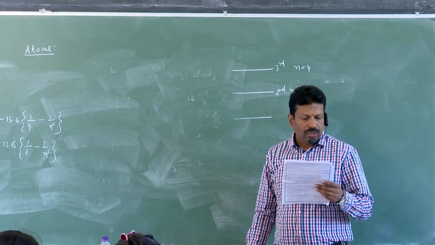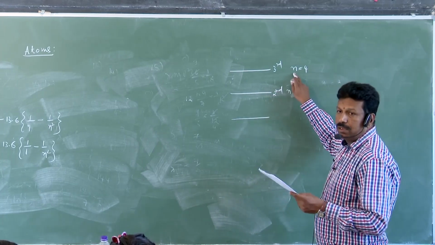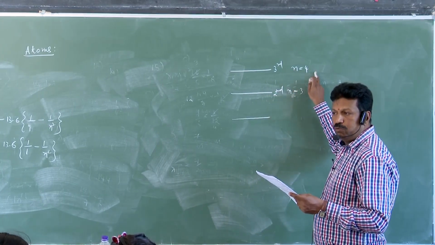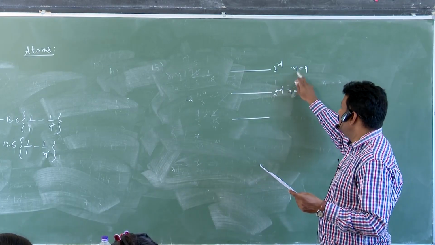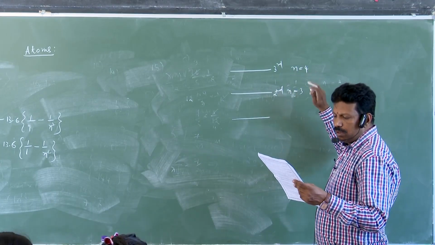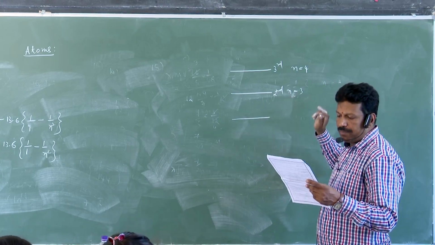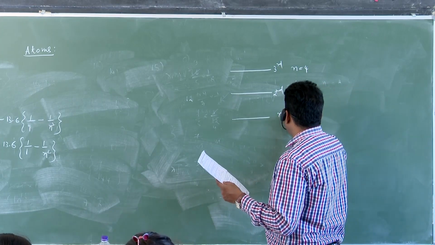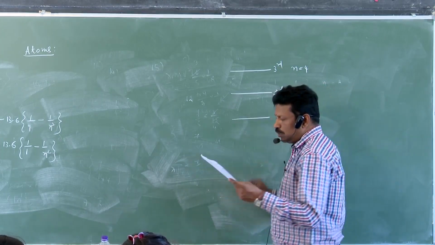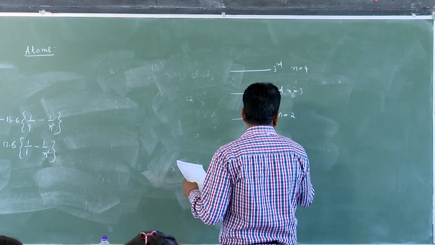So an electron in a hydrogen atom first jumps from the third excited state. Third excited state means n is equal to 4. It's not state 3. So n is 4 to the second excited state. Second excited state is n is 3. Then from the second excited state, n is equal to 2 to the first excited state.